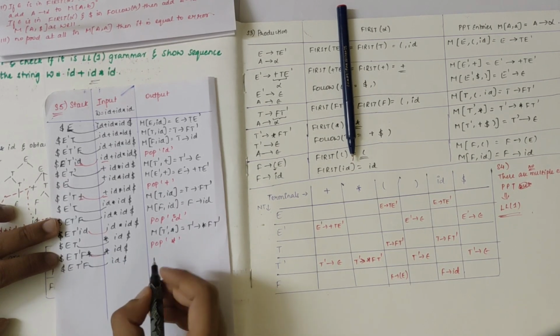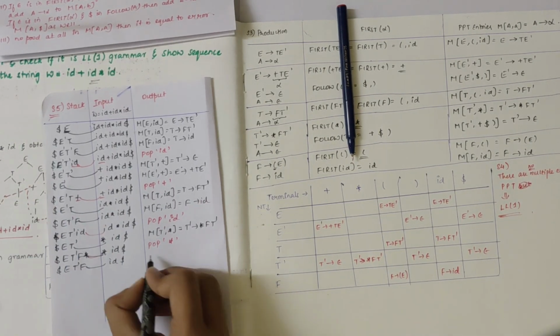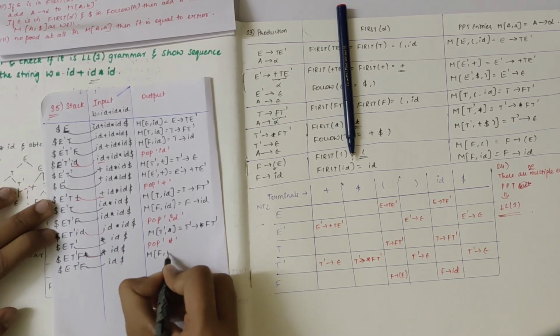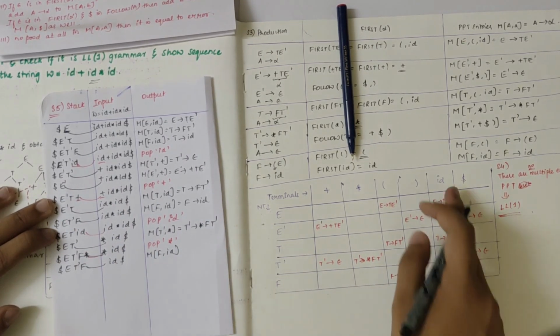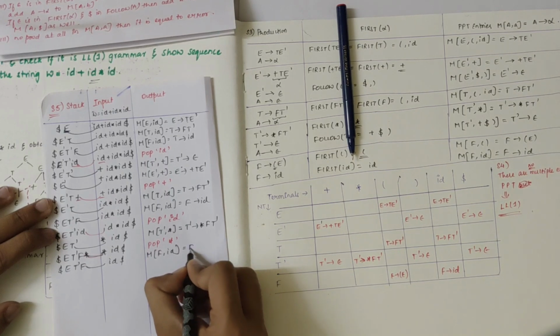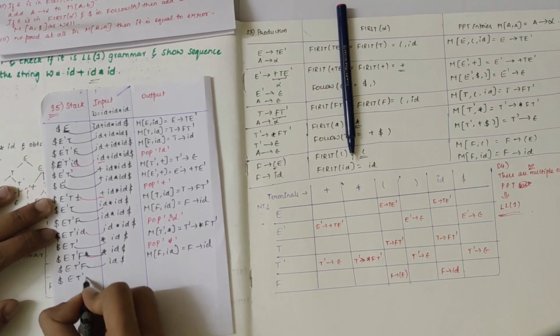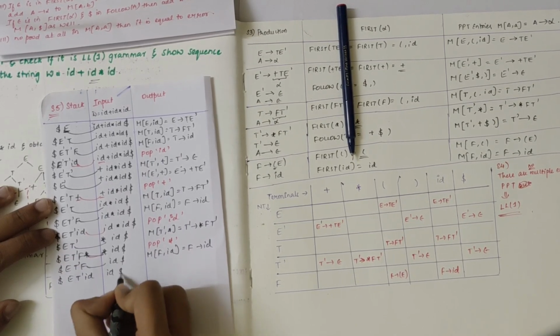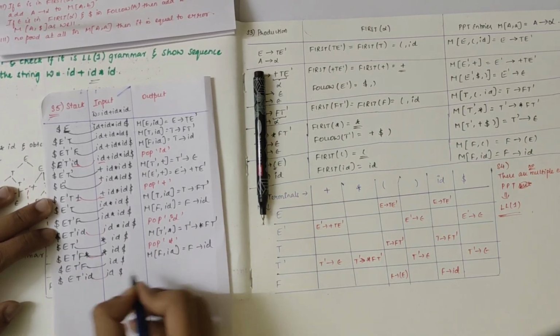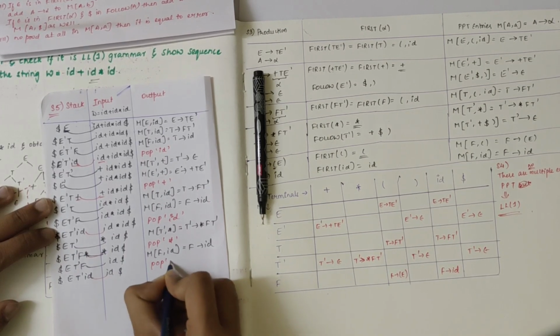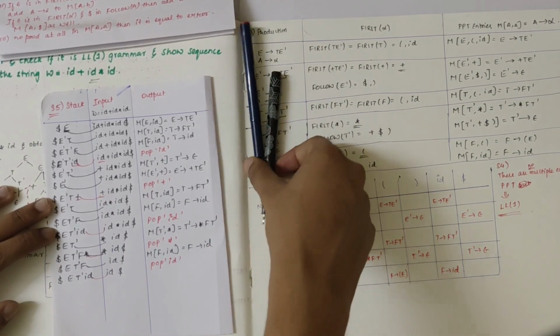Comparing F and ID, you get M of F on ID gives F derives ID. So you write $E T dash ID dollar. In this case, same symbol, so pop ID.